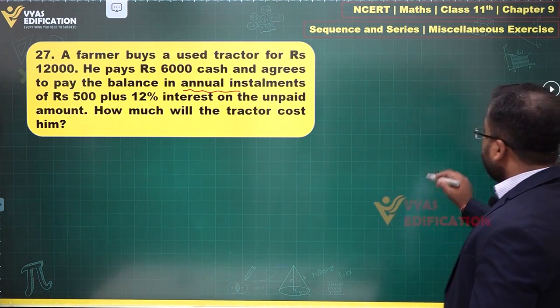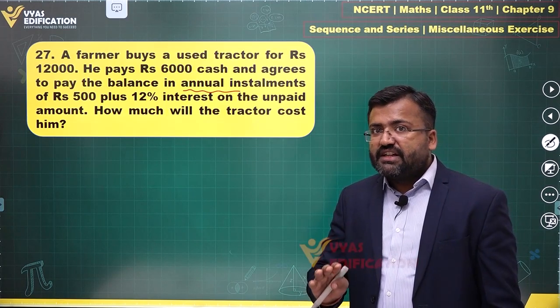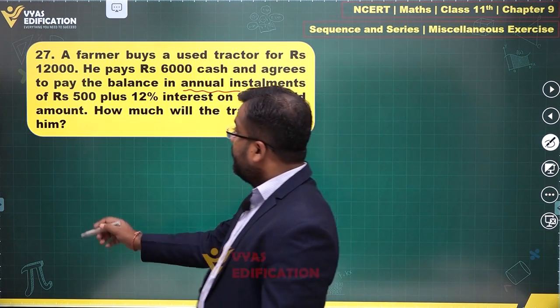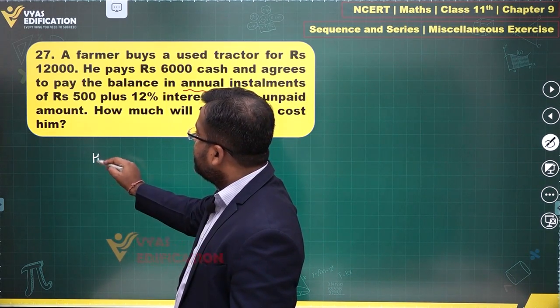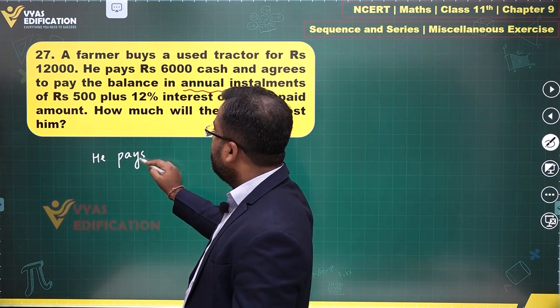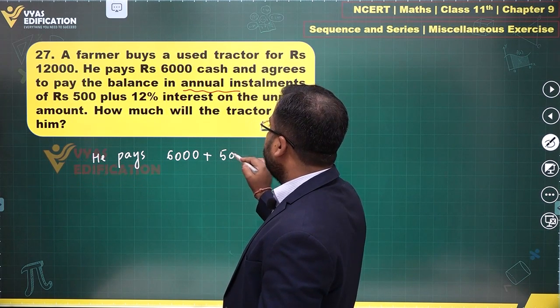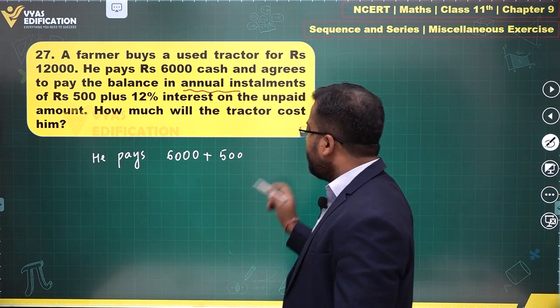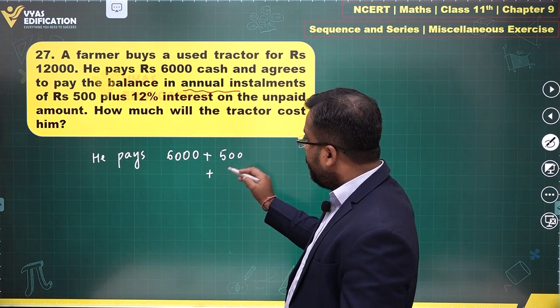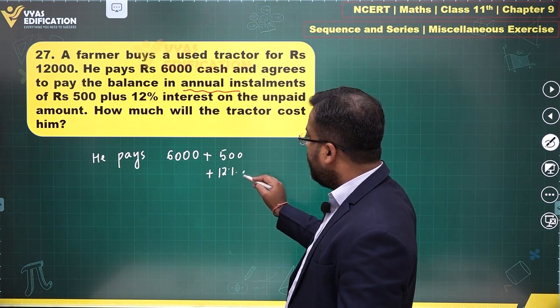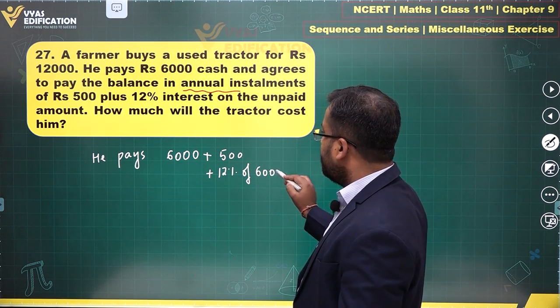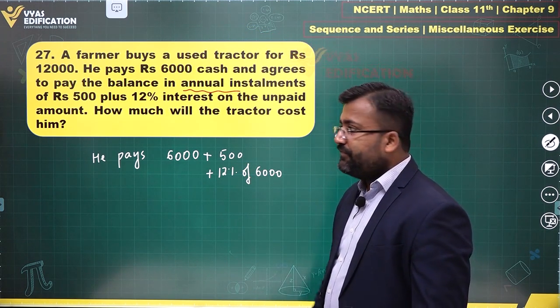So the extra amount that he pays is the interest, 12% interest. He pays 6,000 initially plus 500 and plus 500 plus 500, 12% of remaining, that is 6,000 in this year, second year, right?